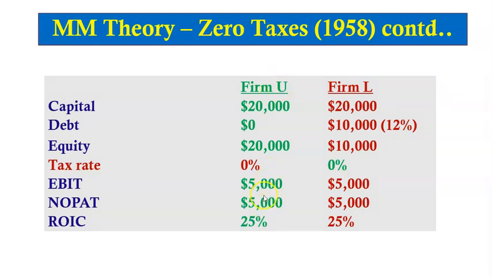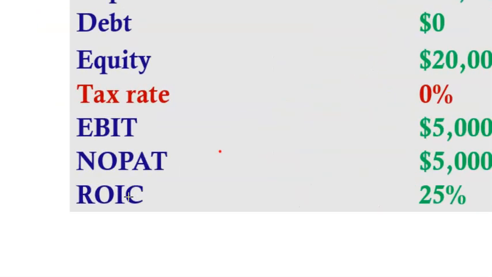We can see here that EBIT and NOPAT are the same. NOPAT is net operating profit after taxes. NOPAT is calculated as earnings before interest and taxes times 1 minus the tax rate. Let me show you this here.